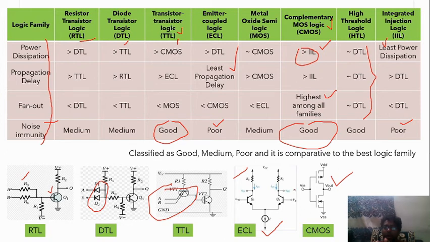So this is how the evolution of logic families happened, and the configurations evolved based on user requirements, whether they want the lowest power dissipation or the highest speed, such that the propagation delay is lesser, or whether noise immunity is the preference, or if you want to connect more outputs to a particular node, which defines the fan out.